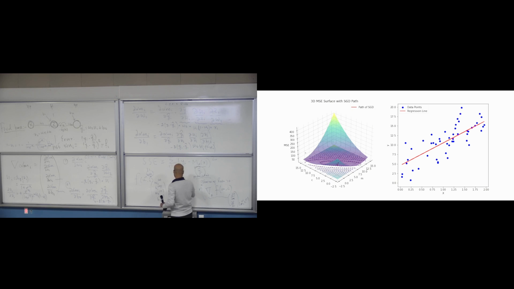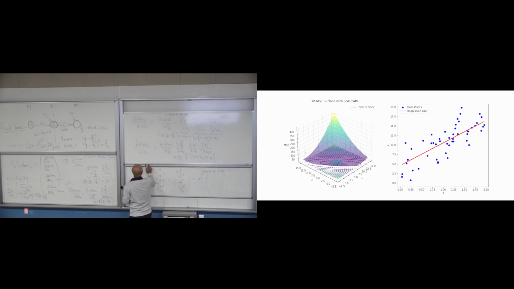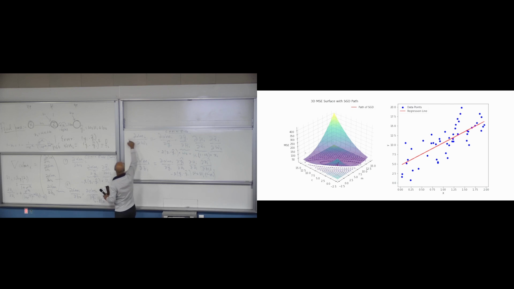These are w1i, b1i, w2i, and b2i minus eta times these guys.